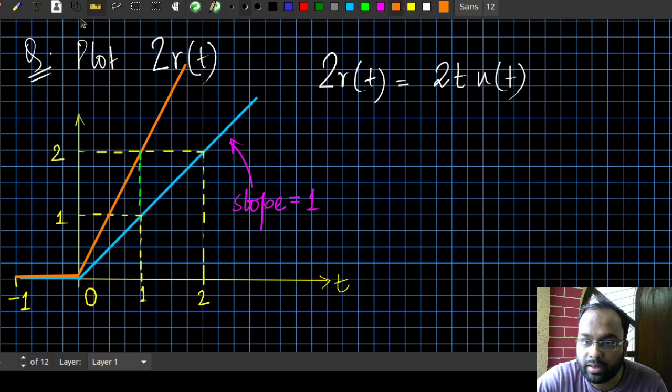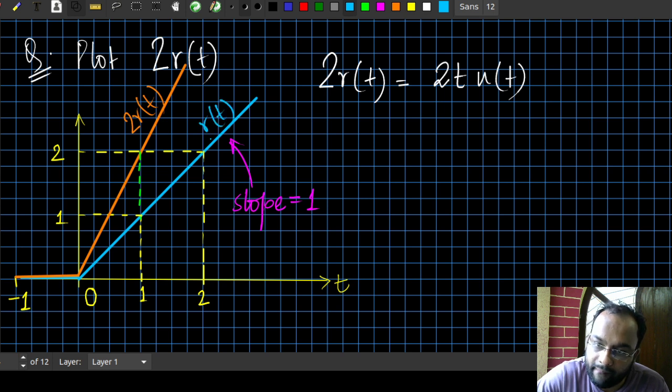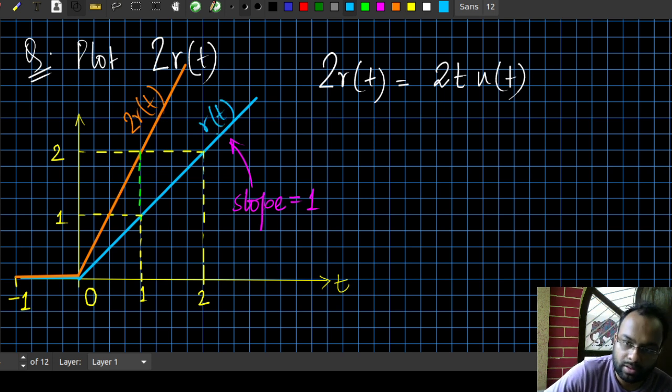So this is 2r(t) and this is r(t). This has a slope of 1, but this has a slope of 2, right?